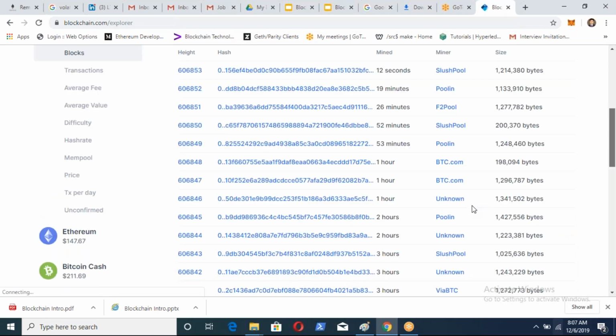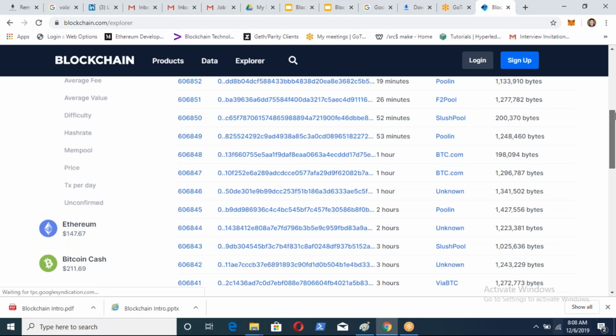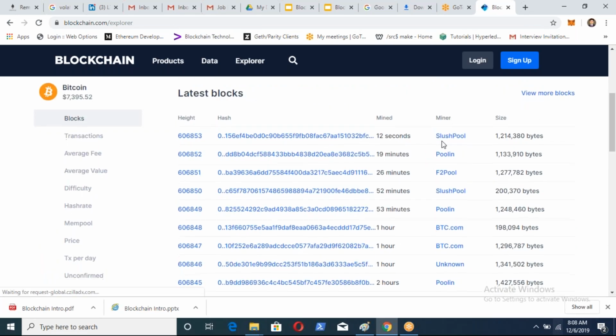Okay, see here. These are the Bitcoin blocks. See, 12 seconds back, this block has been mined by this miner. Slush Pool is one of the miners.